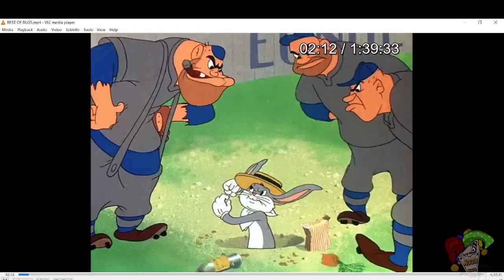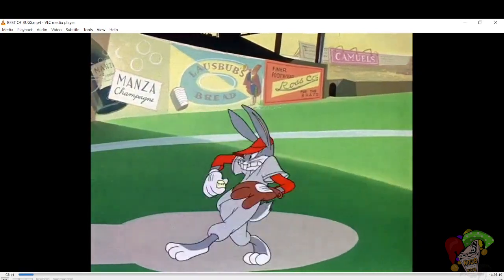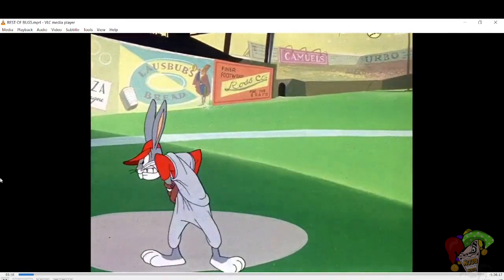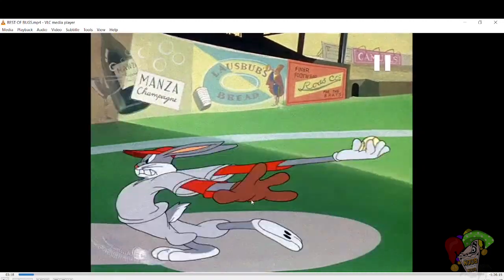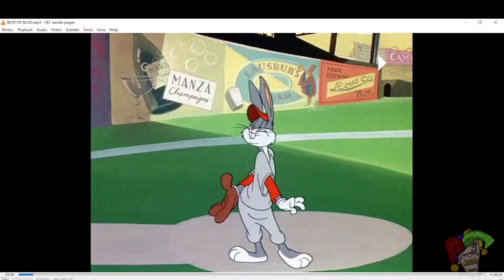Okay, so this is exaggeration. You see that? See this from here. Basically, Bugs Bunny is trying to throw a baseball. You know how pitchers wind up then throw it?